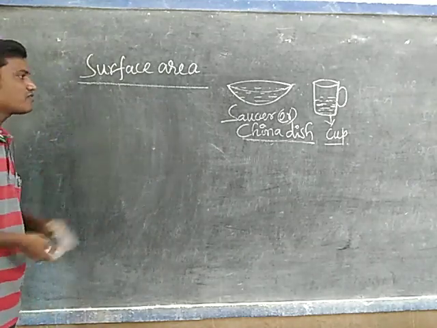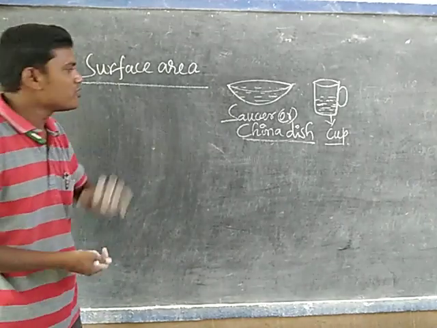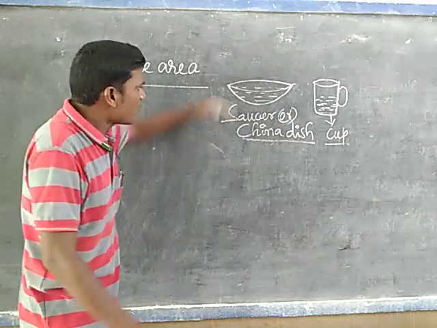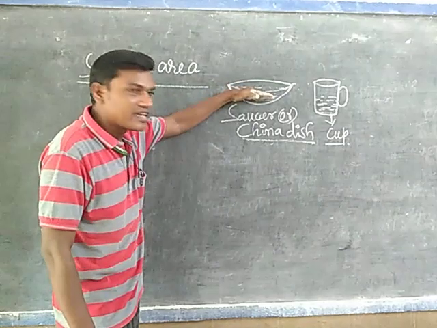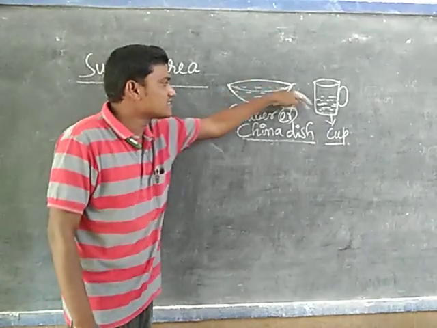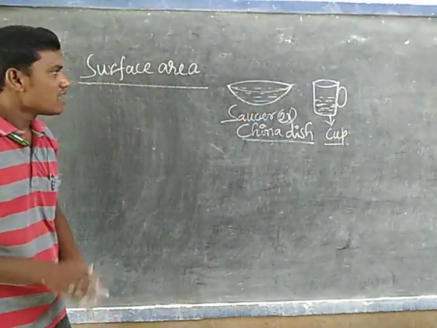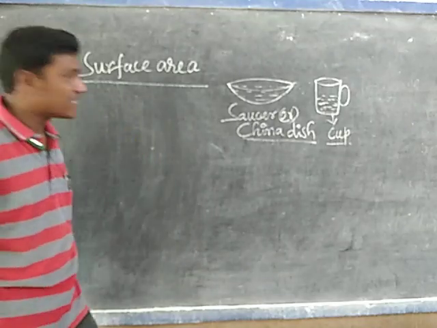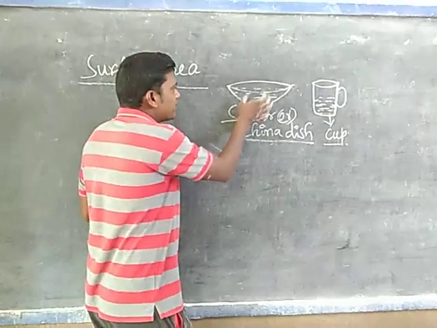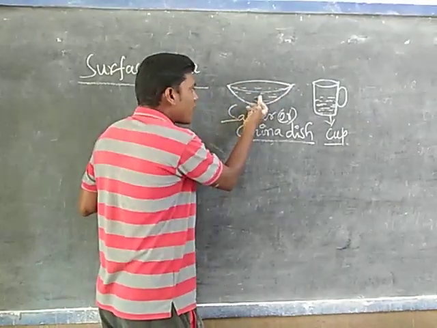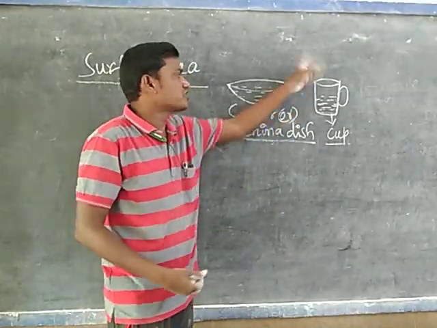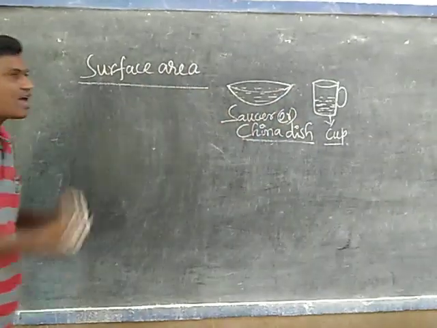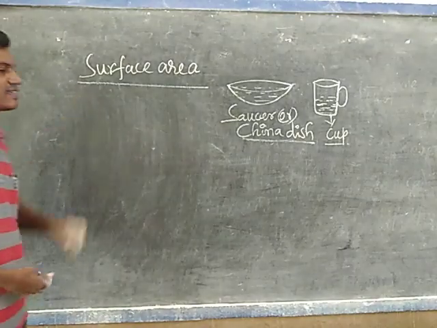After some time, you will observe that most of the liquid has disappeared in the saucer and less in the cup. So what you understand here is: surface area is more, evaporation is also more. Surface area is less, evaporation is also less. This is the method to write in the examination.